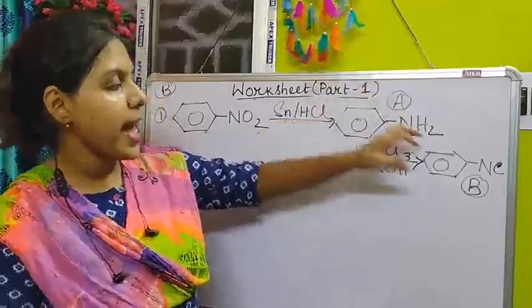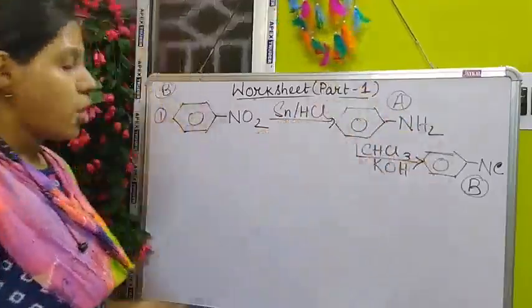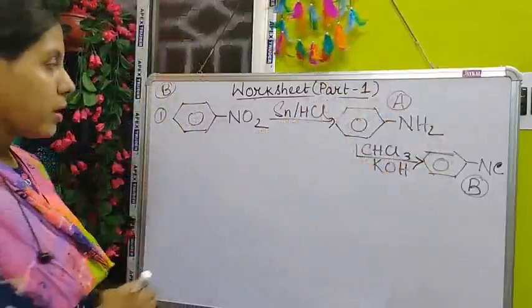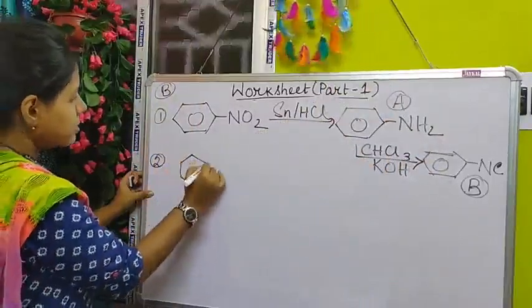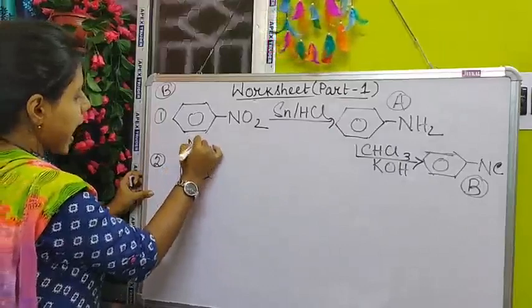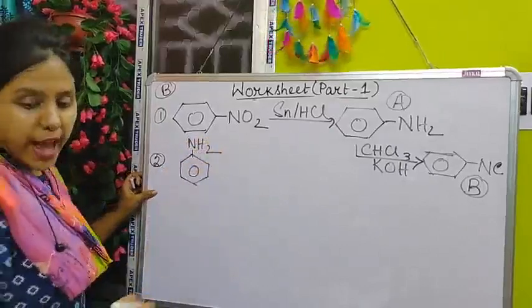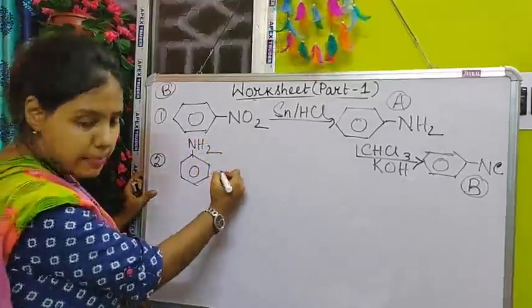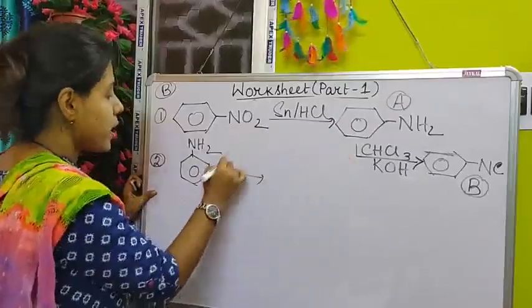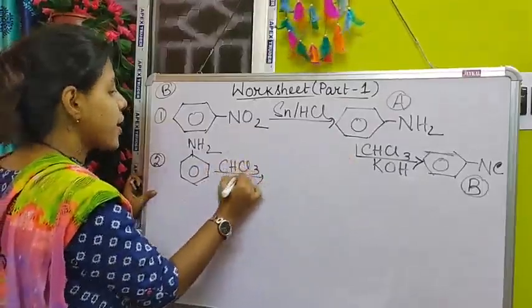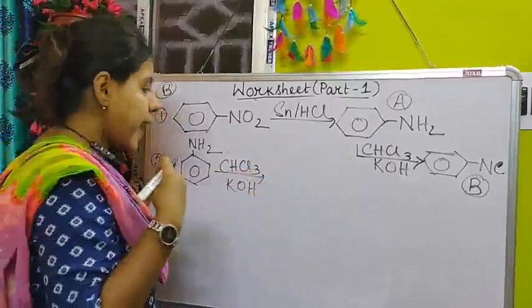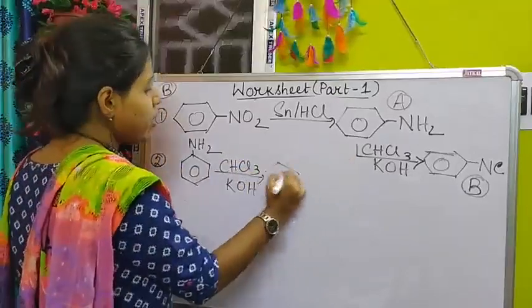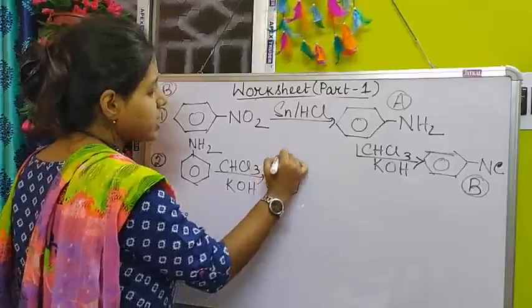After that, write here A and write here B. Okay, now the next question, where I have given aniline, NH2, and there I have added again the same thing, that is CHCl3, KOH. That means again the carbylamine type reaction. So here again we are getting isocyanide compound.